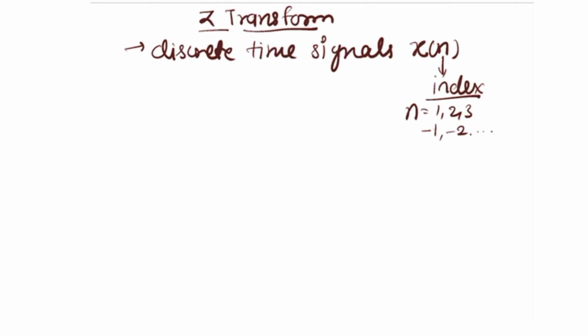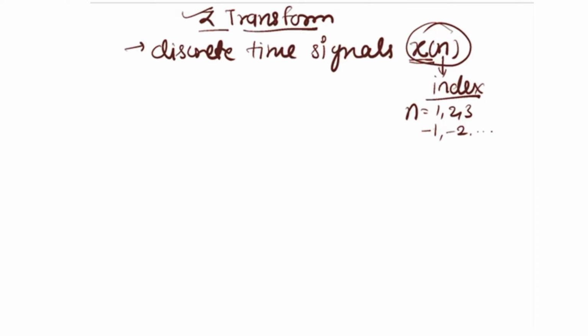So a discrete time signal is represented by x[n], and Z transform is used to analyze these discrete time signals, or when we talk about systems, it will be used for analysis of discrete time systems.